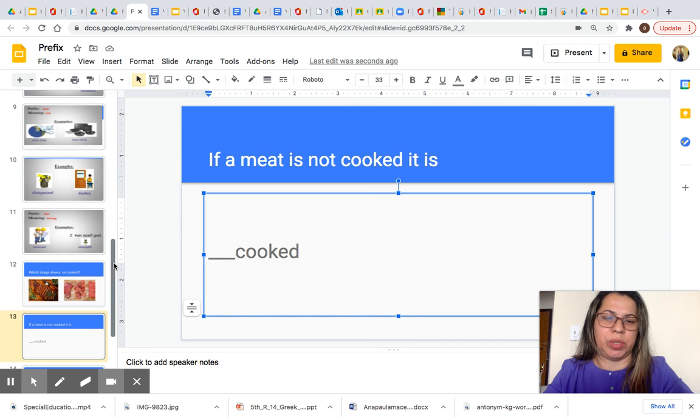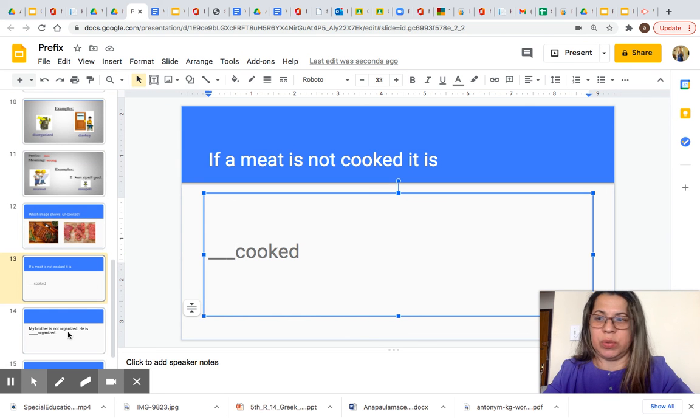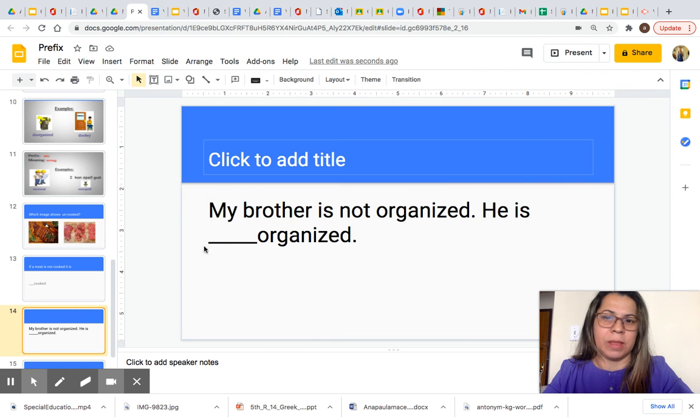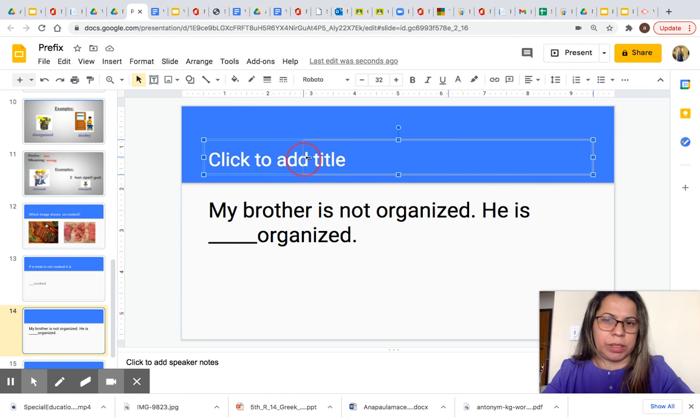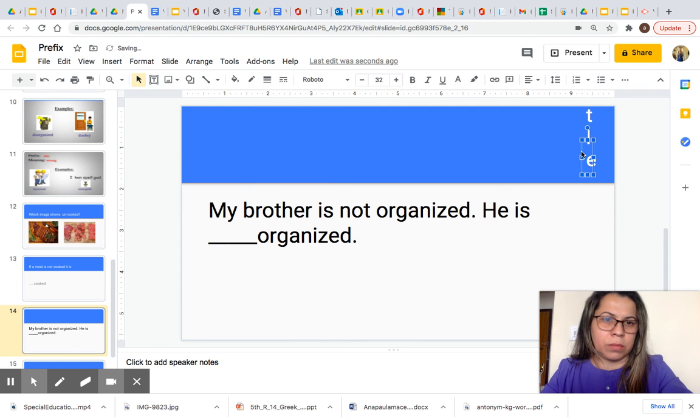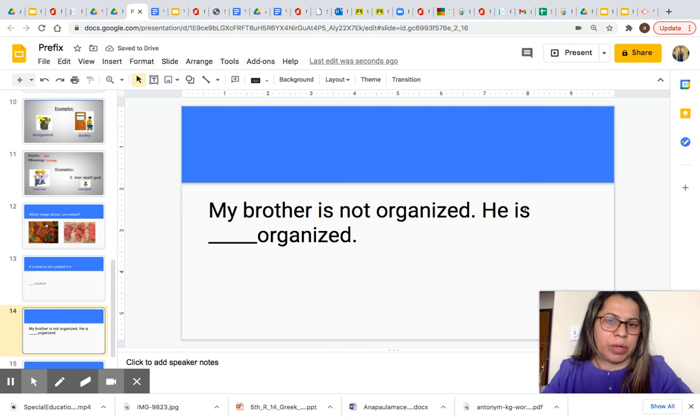I'm going to include the worksheet for you to do this activity. My brother, let's look at this one here. My brother is not organized. He is. What's the prefix that you are going to add here?